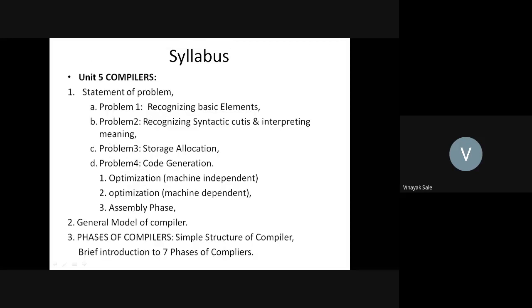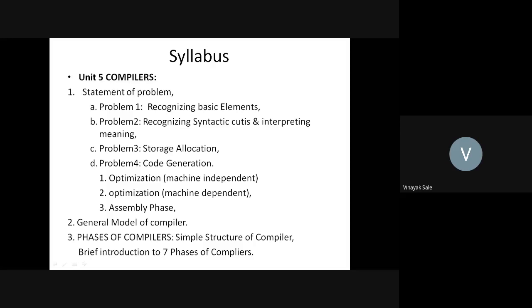Then the last chapter is compiler. What is the problem statement? There are four types of problems. Problem first is recognizing basic elements. Problem second, recognizing syntactic and interpreting meaning. Then problem third, storage allocation.